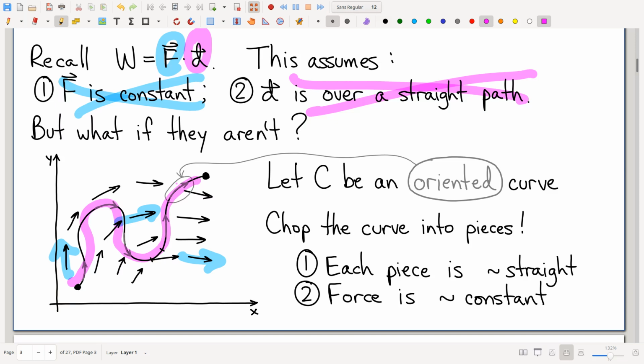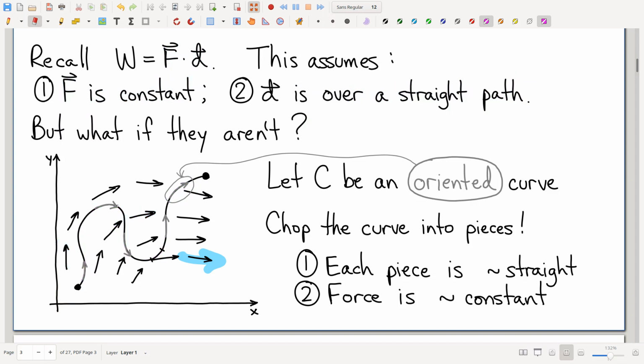Maybe this is what the wind is doing, and as you drive along, you want to know how much work it's going to take you to oppose all that wind. Perfectly reasonable. Or maybe this is a mountain road, and you're not fighting against wind, you're fighting against gravity. Well, gravity pulls a different direction at different locations on the mountain. Downhill, of course. So, perfectly routine scenario that we're considering now, and this old formula doesn't hack it.